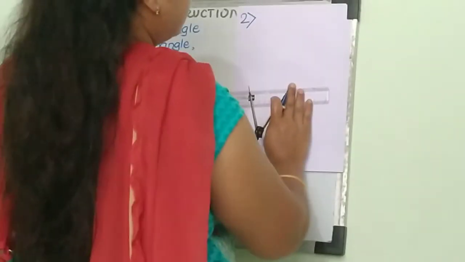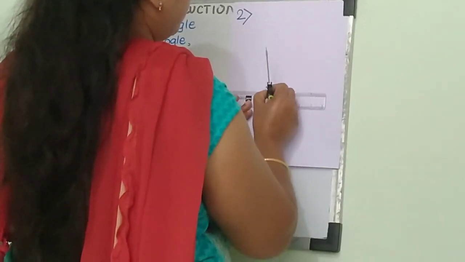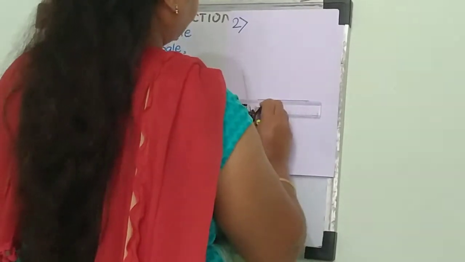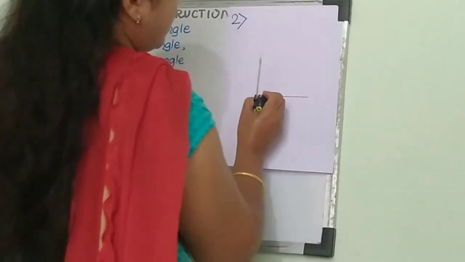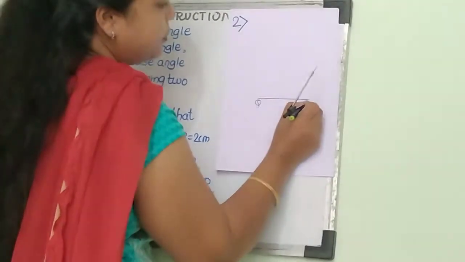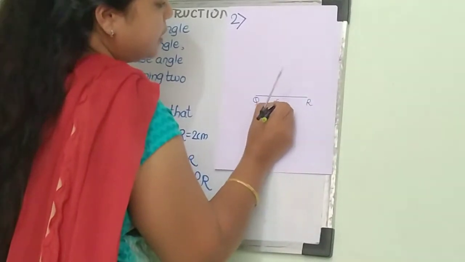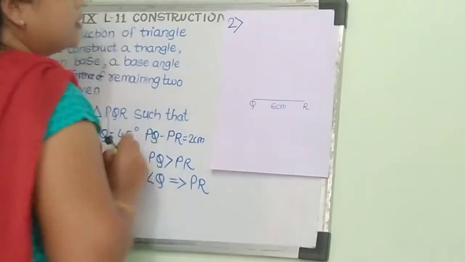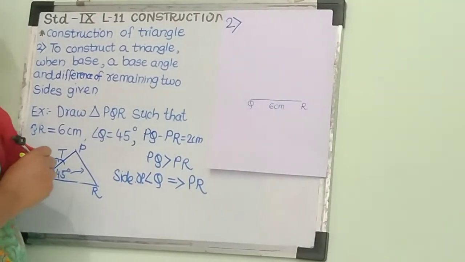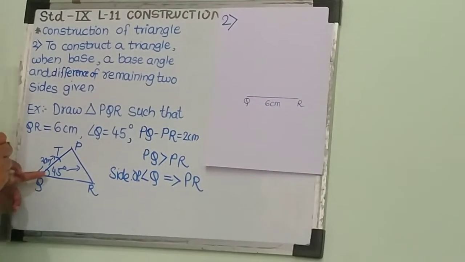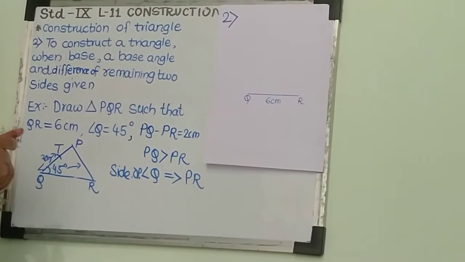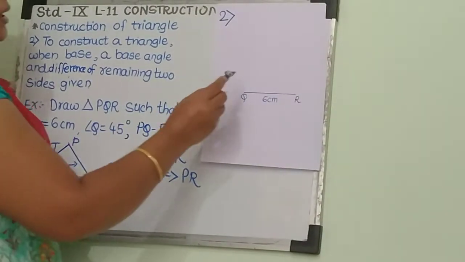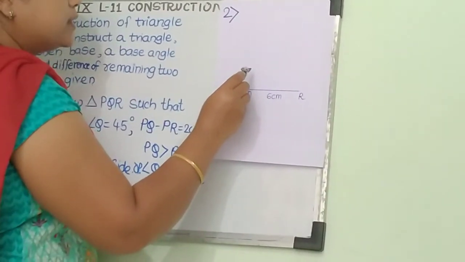QR is 6 centimeter, so first I am going to draw QR of 6 centimeter. After that we have to draw the angle of 45 degrees. For the 45 degree angle we have to draw the semicircle.